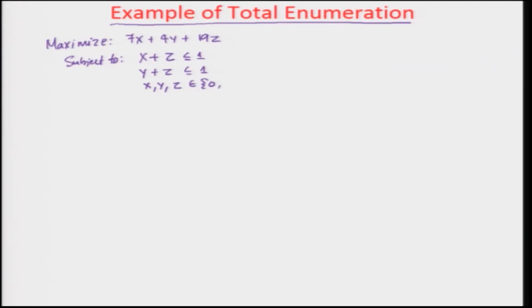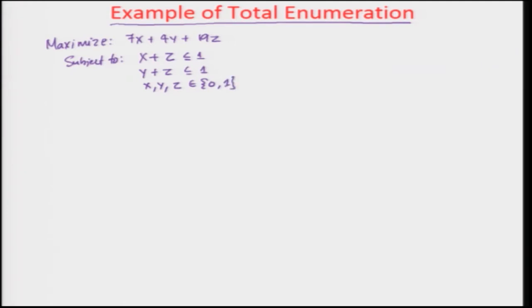This is kind of a tricky problem. Let us write a linear programming problem: maximize 7x plus 4y plus 19z, subject to the constraints x plus z is less than or equal to 1, y plus z is less than or equal to 1, and x, y and z are elements of {0, 1}.